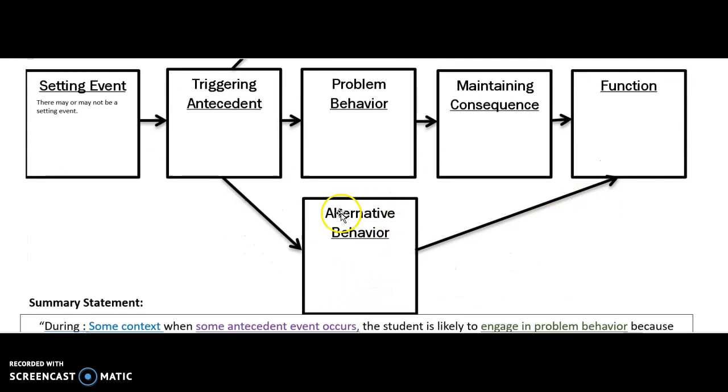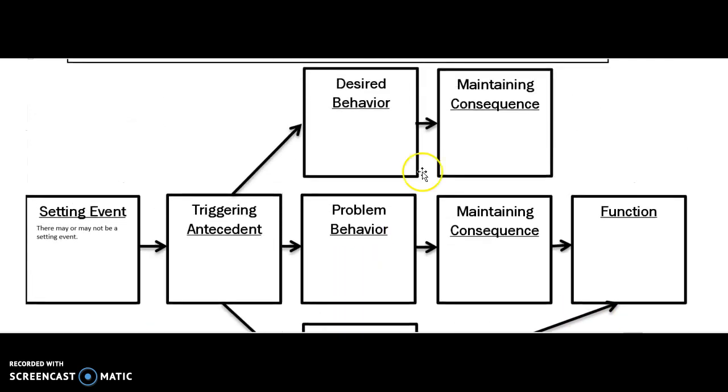Now, looking down here at alternative behavior. Sometimes we know what we ultimately want him to do. Instead of throwing the math book at me, I want him to sit down and do his math and be okay with it. For some students, going from throwing the math book at me to ultimately sitting down doing their math and not having a problem with it is a pretty far stretch.